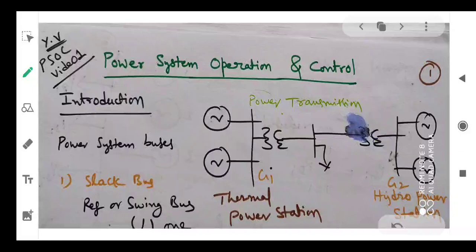Generally a thermal power station generates at 11 kV or 13.8 kV as the generating voltage, which is given to the step-up transformer of 220 kV or 400 kV level. Then it is transmitted to other load centers. So this is the load center, located at midpoint. This is load.